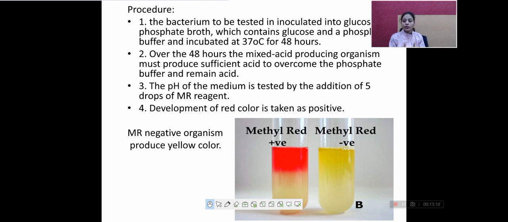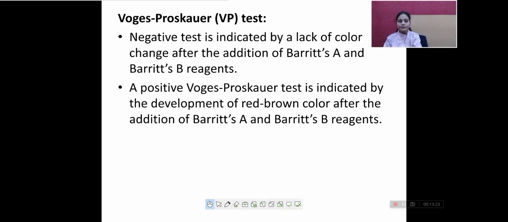Next is the VP test. A negative test is indicated by a lack of color change after the addition of Barritt's A and Barritt's B reagent. Remember this: Barritt's A and Barritt's B reagent.